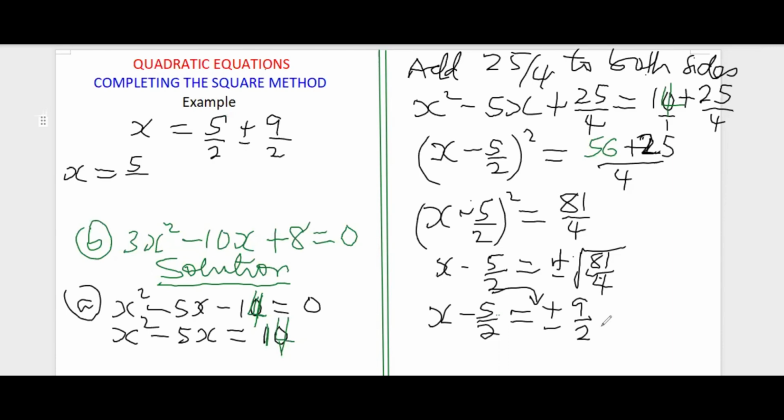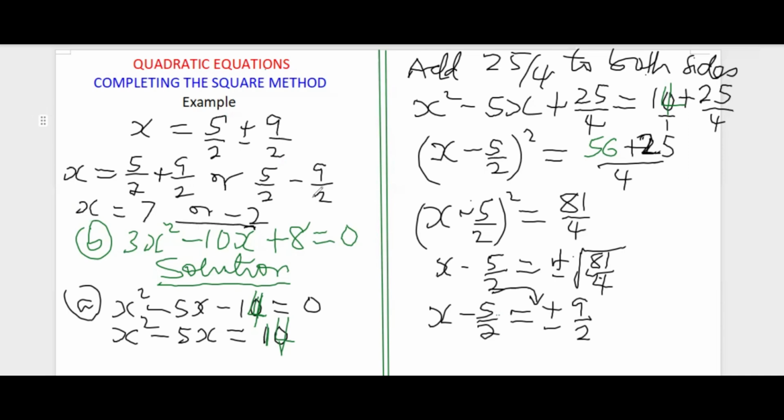5 over 2 plus 9 over 2 or 5 over 2 minus 9 over 2. So if you simplify each fraction, 9 plus 5 is 14 divided by 2, that is 7, or this one, since LCM is the same as 2, so 5 minus 9 is -4 divided by 2, that's -2.